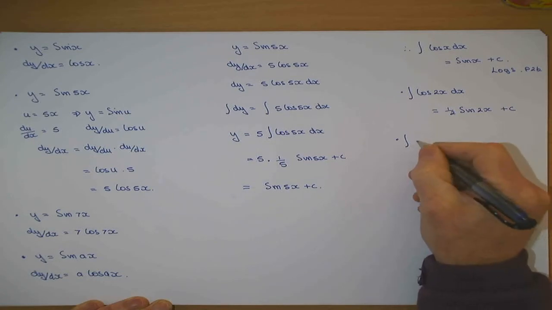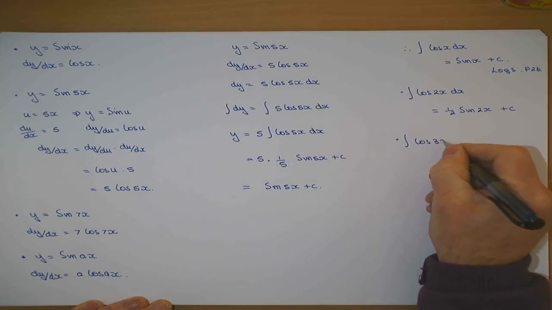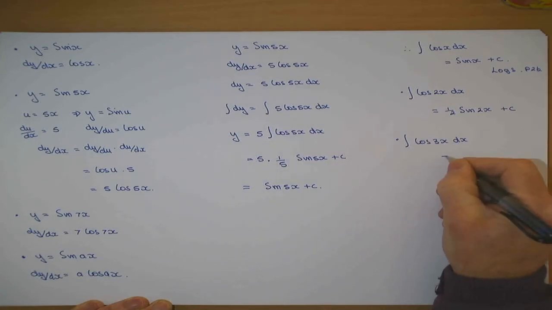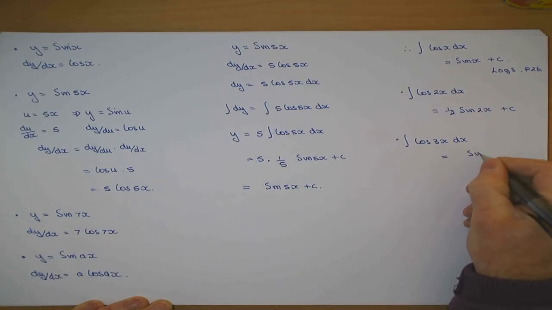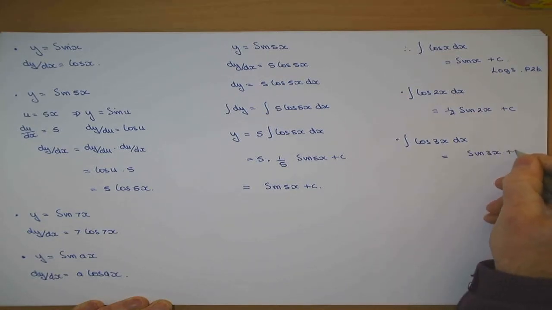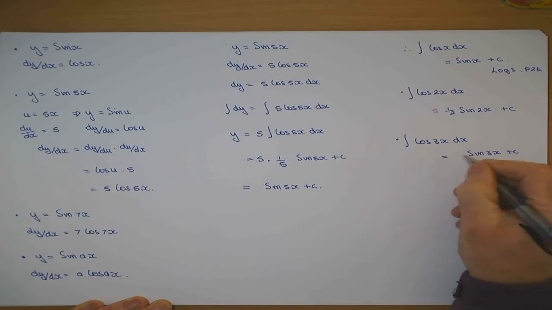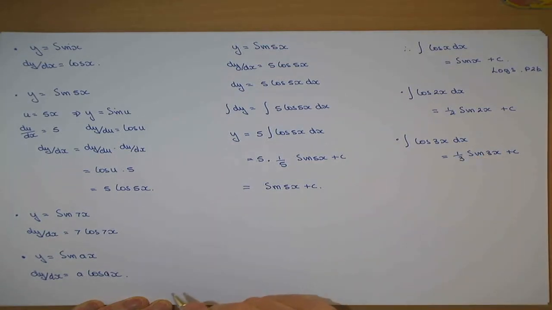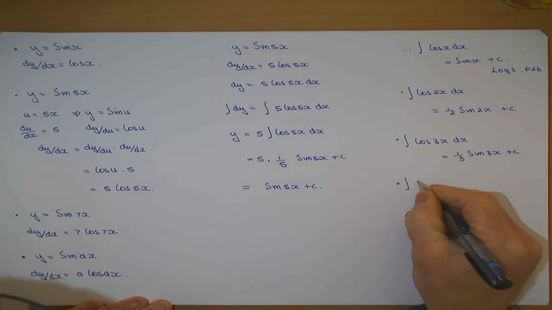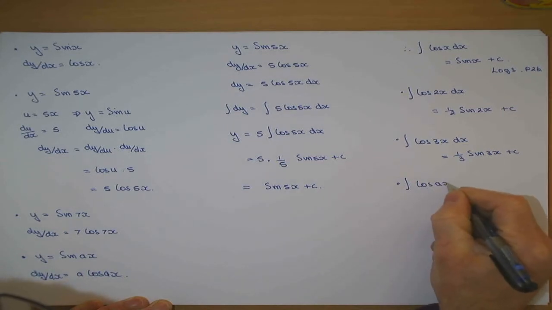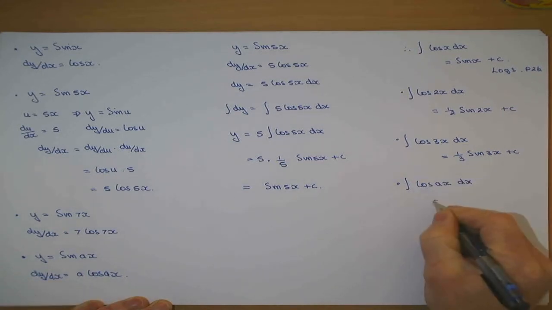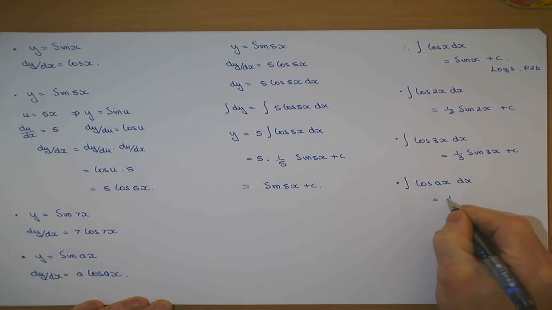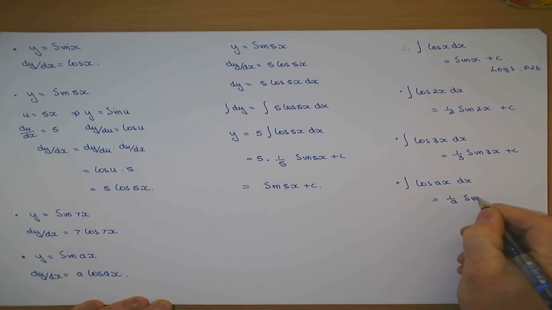If I asked you to integrate cos 3x dx, cos 3x becomes sine 3x plus c. But what does the 3 and the x cause? A third. And if I ask you to integrate cos ax dx, what do you get?